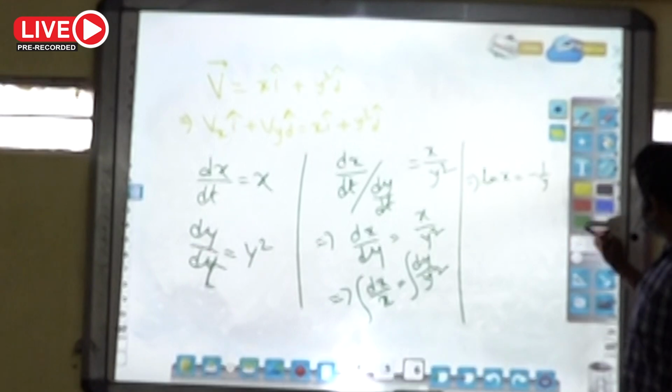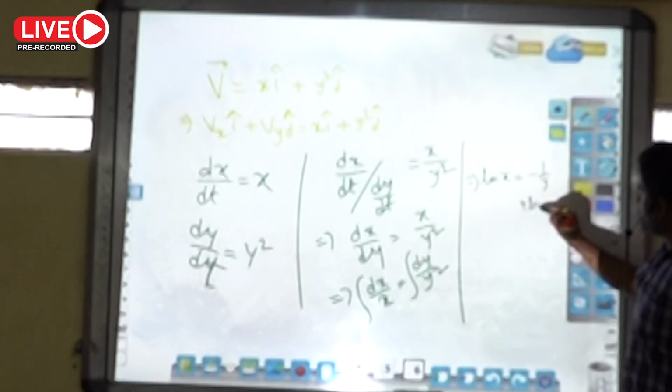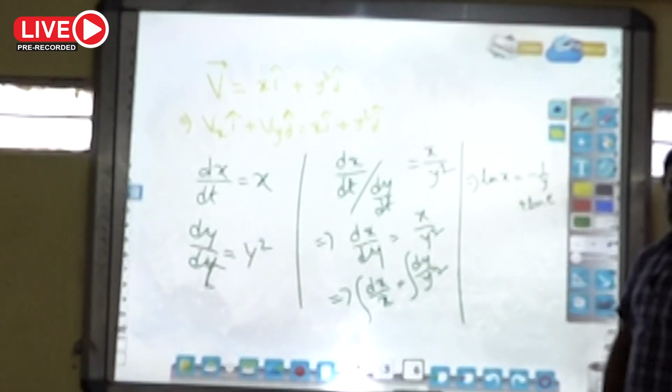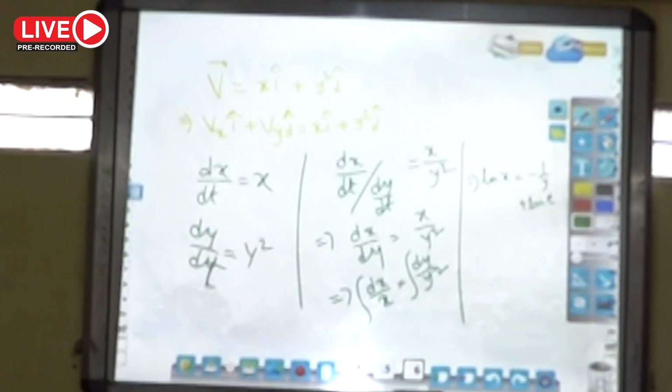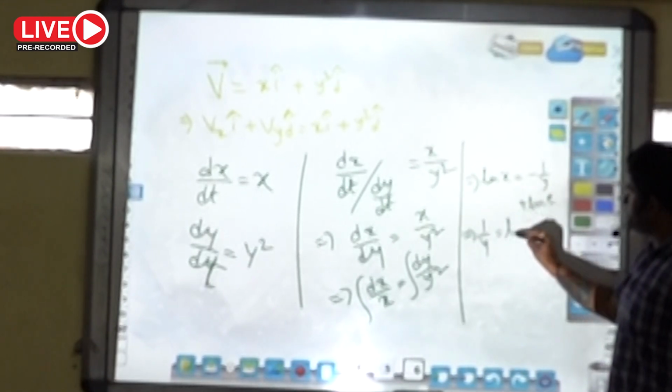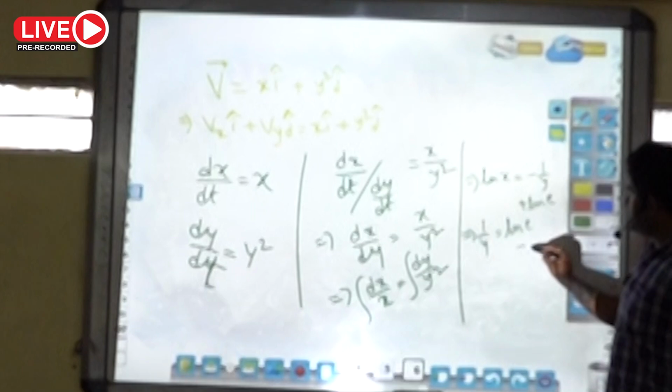So I write the constant as log c. Now what is the advantage in that? I can write it is 1 by y equal to log c minus log x.